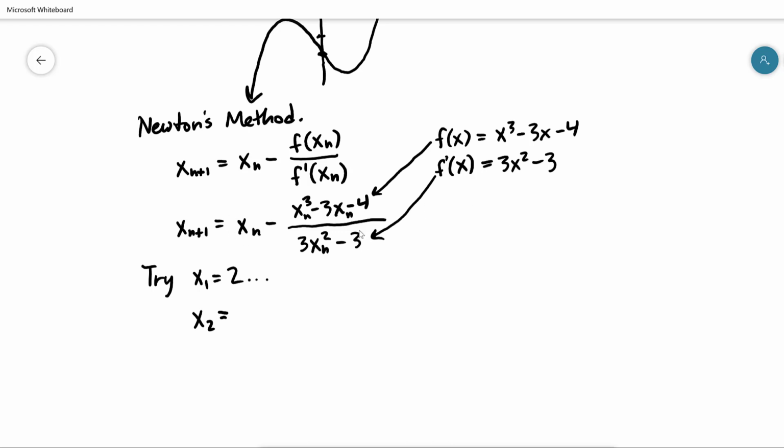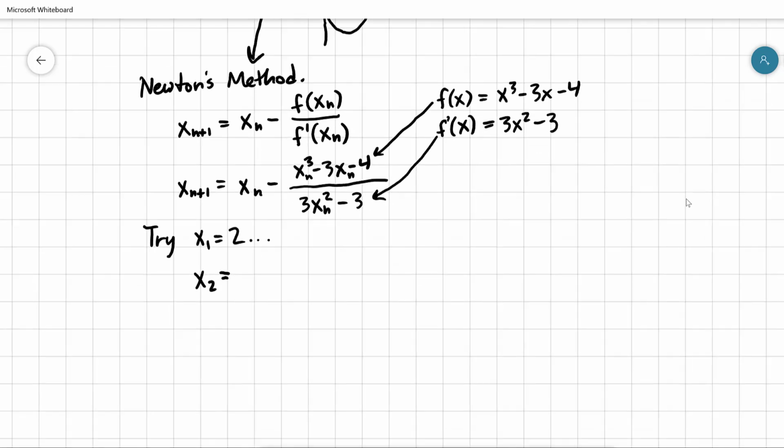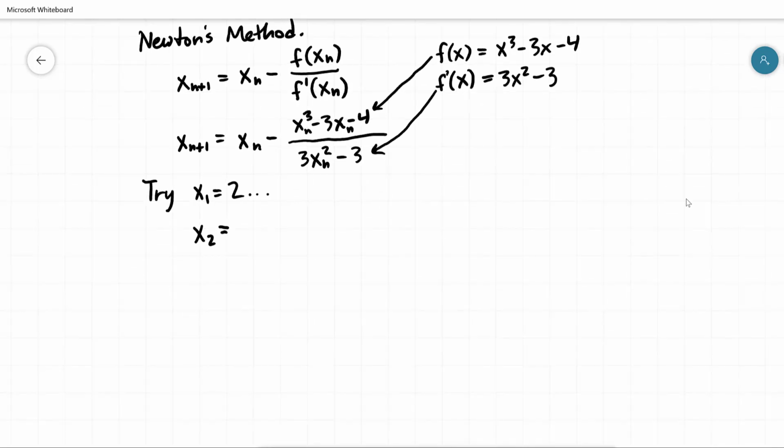Everywhere x_n shows up in this formula, I'm going to plug in the number 2 because I'm basically treating all these x_n's as x1, and then it'll spit out x2 for me. So in this case, our formula will be 2, there's x_n, minus 2 cubed minus 3 times 2 minus 4 over 3 times 2 squared minus 3.